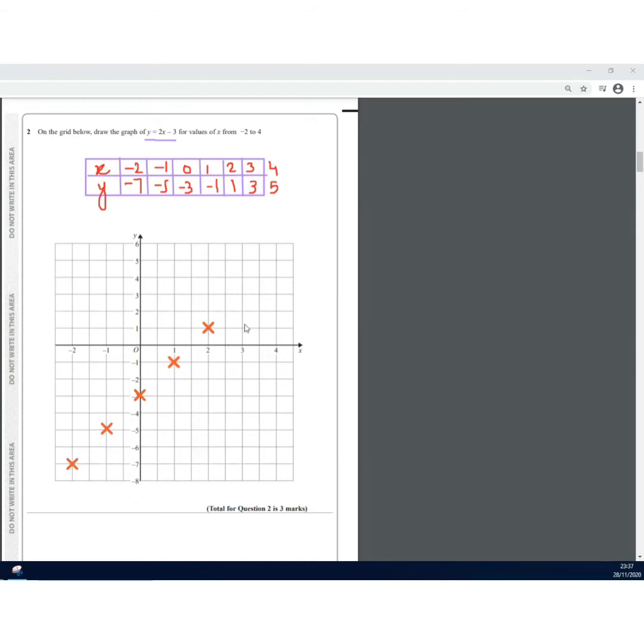When x is equal to 3, y is 3, and when x is 4, y is 5. Then we simply join the points using a straight line. So this is the graph of the given equation. Let's move on to question number 3.